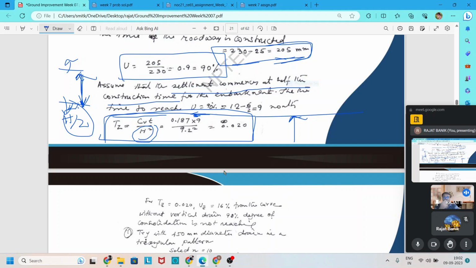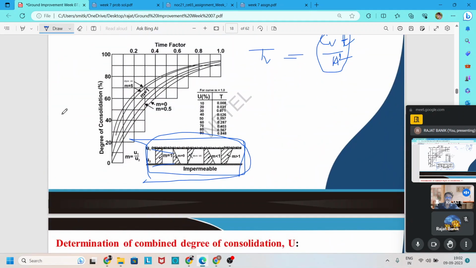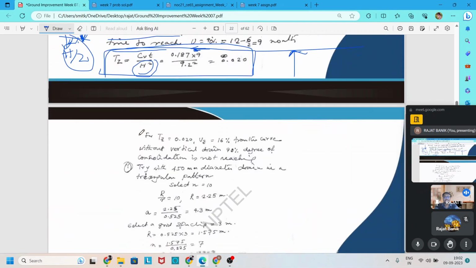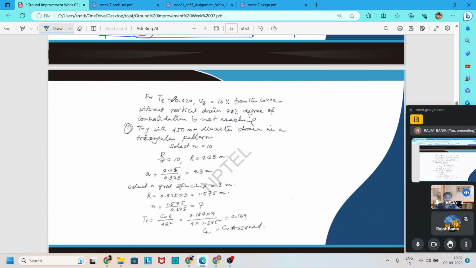After that, for this time factor, we come to the charts which we discussed previously, and for this time factor we find out the degree of consolidation for the vertical drain by these charts. We find that for vertical drainage the degree of consolidation is 16%, but our targeted degree of consolidation is 90%.